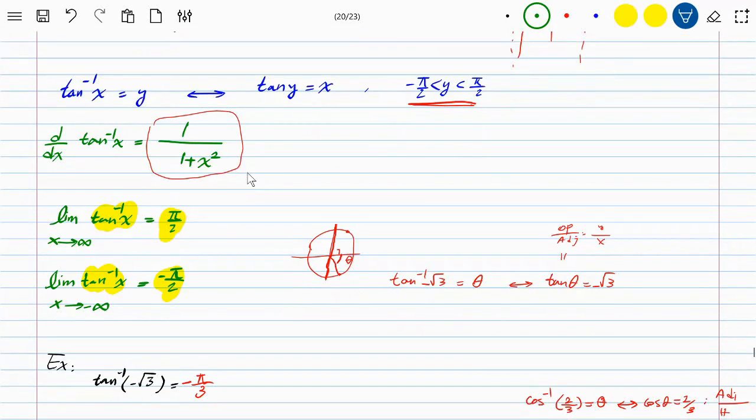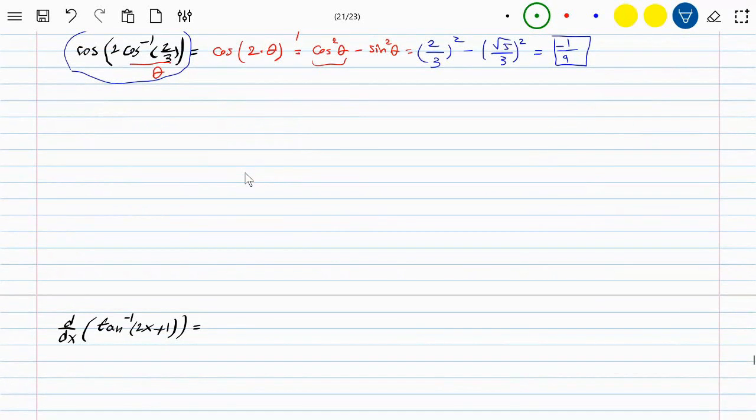Okay, so we can generalize and say the derivative of tan inverse of u would be 1 over 1 plus u squared. By chain rule, you should multiply u prime. And here's an example of it.